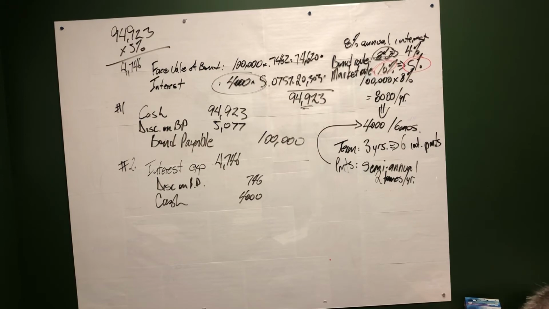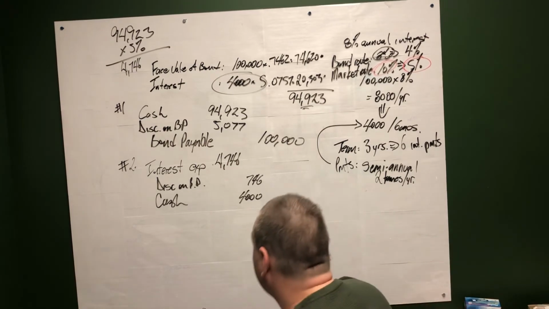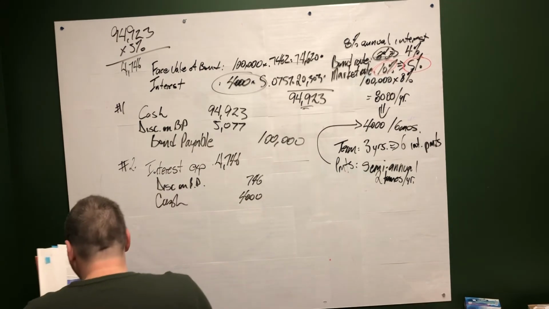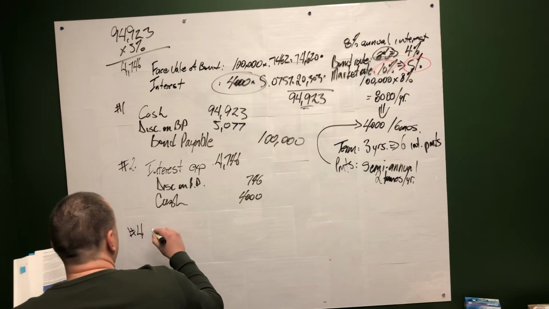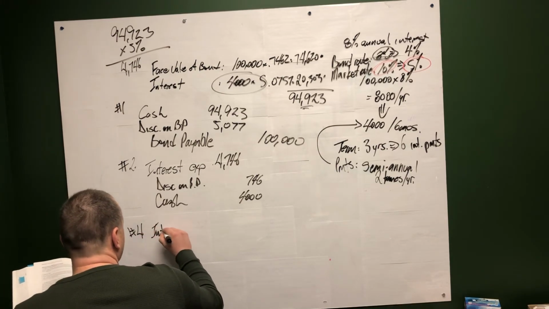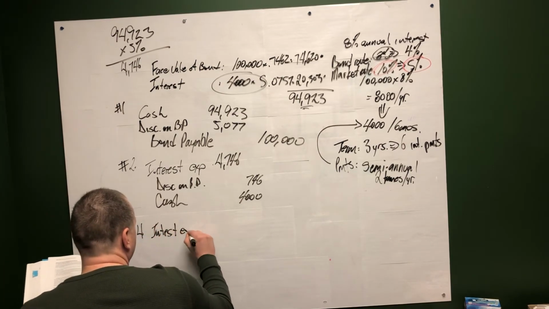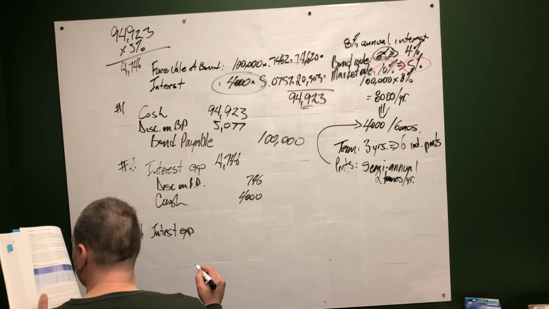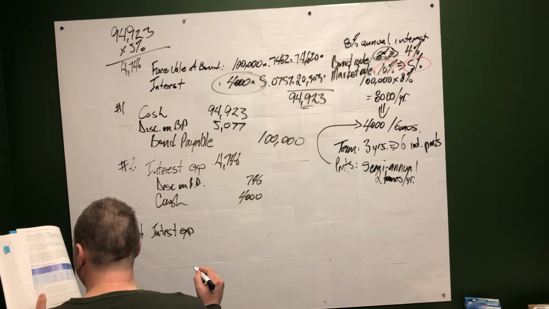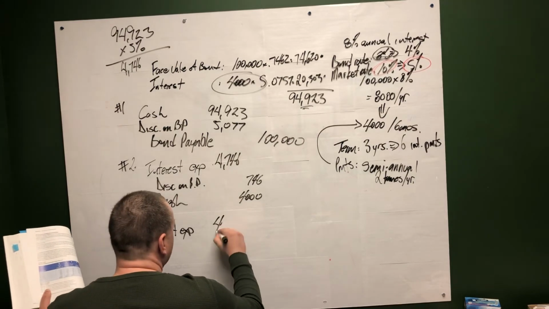For example, if we wanted to make that journal entry for December 31st, 2022, how do we do that? Well, that would be our 4th payment. Interest expense is $4,864.